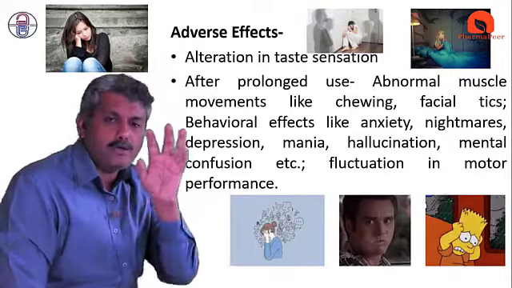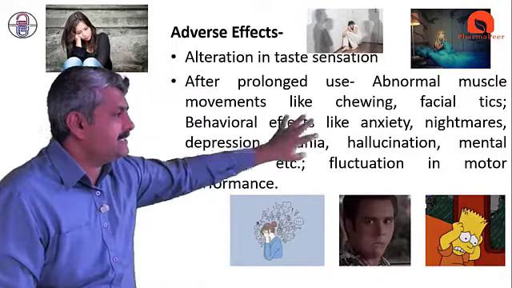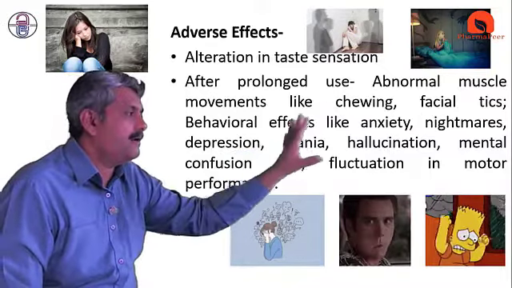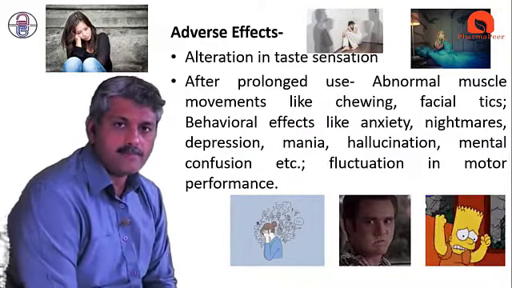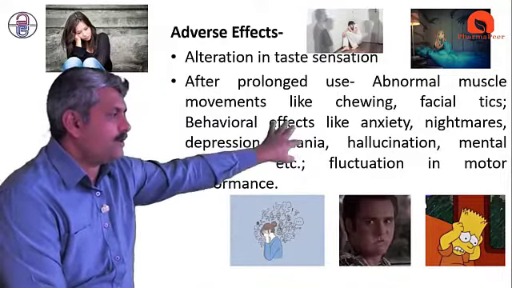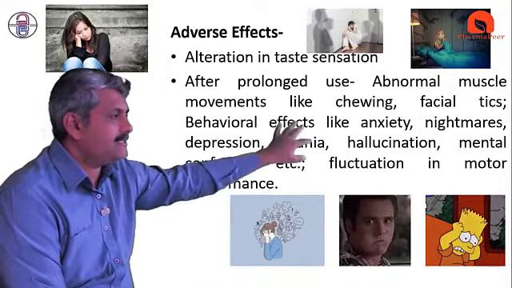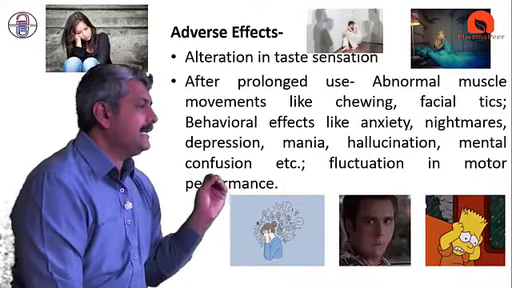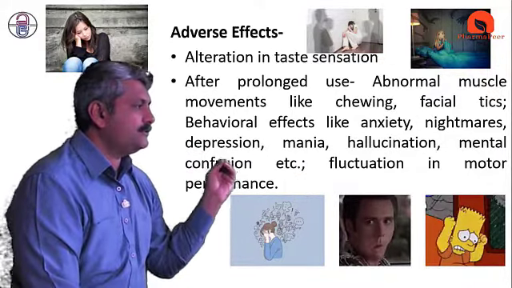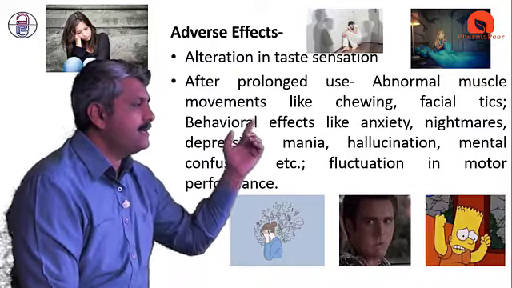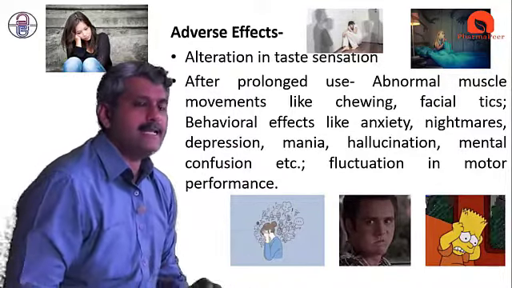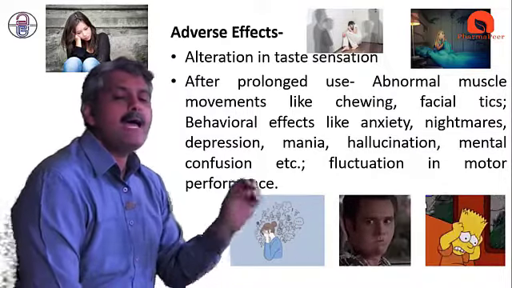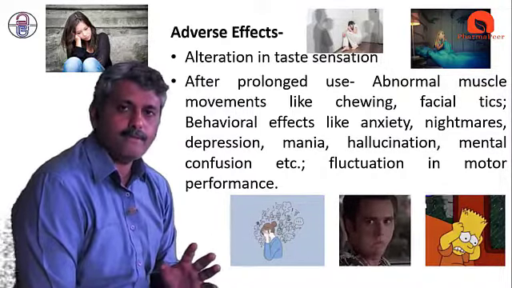And as the concentration of dopamine is increased, it gives such mental and behavioral symptoms. So all these give an indication that due to the increase in concentration of dopamine, the patient shows effects like nightmare, anxiety, depression, mania, hallucination, mental confusion.